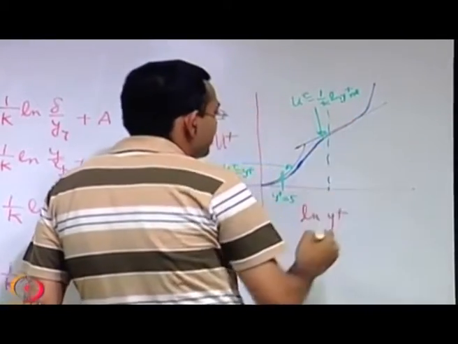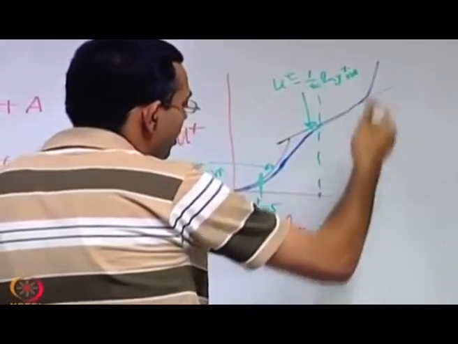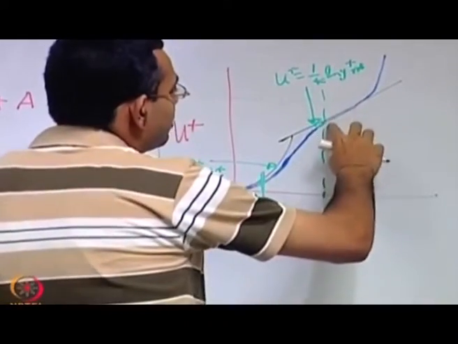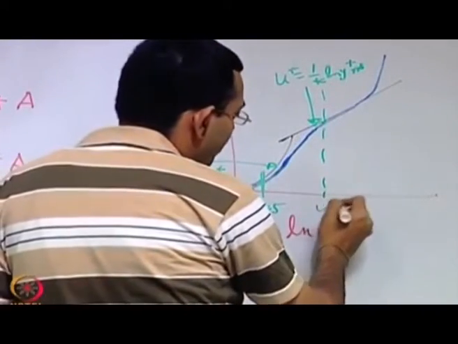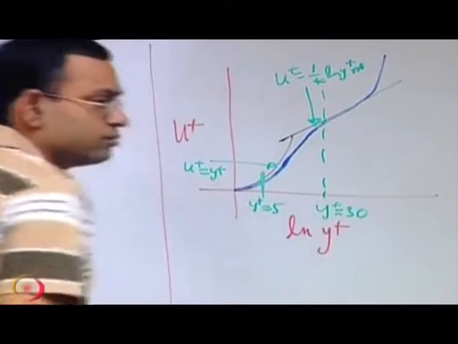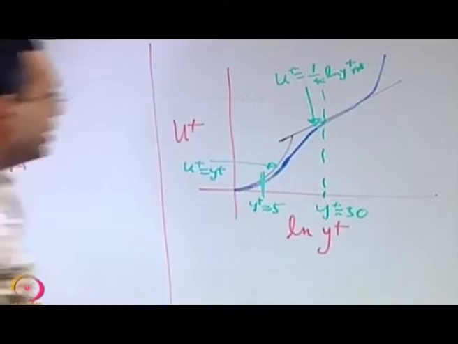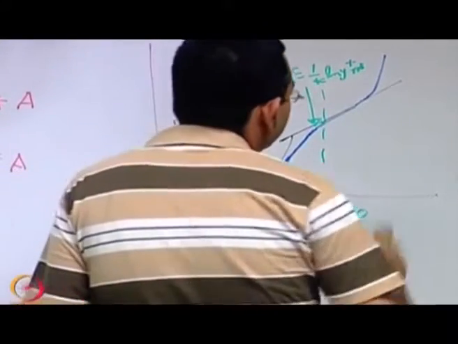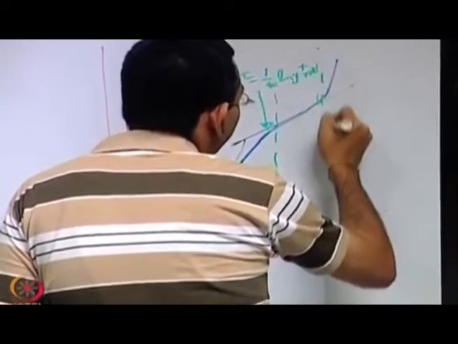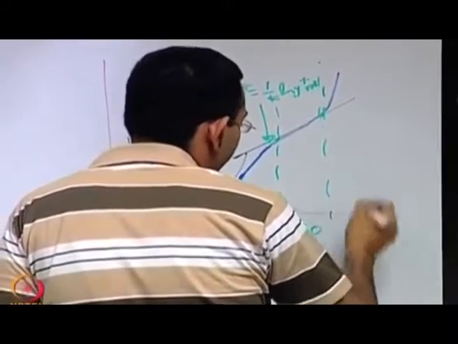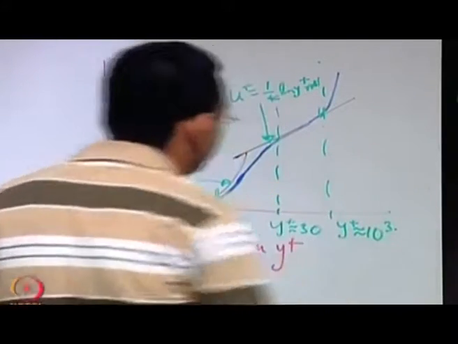Maybe there is a location at which you get a very nice matching with the logarithmic law. This is roughly y plus equal to 30, and these are just obtained from experiments, there is nothing very fundamental about it. Then you have a region where this log law is valid no more, roughly y plus of the order of 10 to the power 3.